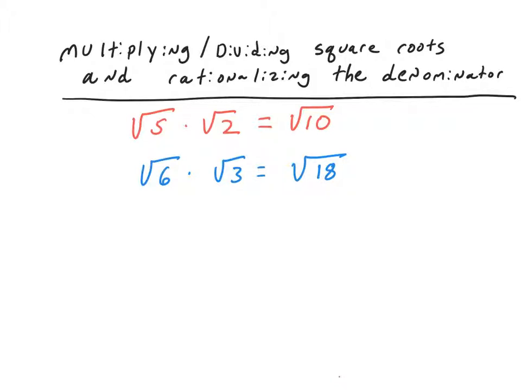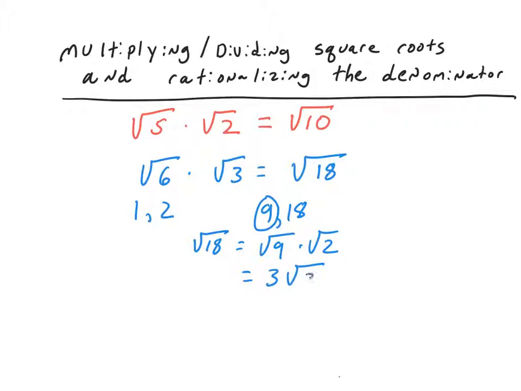Think of factors of 18. We have 1 and 18, and then we have 2 and 9, with 9 being a perfect square. So we can take 9 and use it to simplify with. So we'll split 18 into square root of 9 times the square root of 2, which is going to equal 3 times the square root of 2.